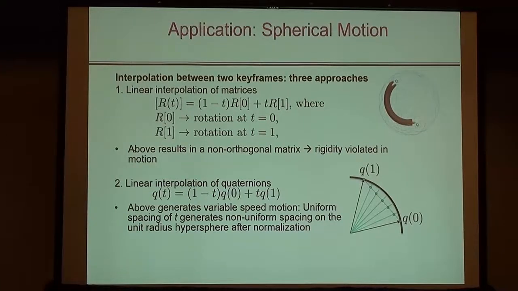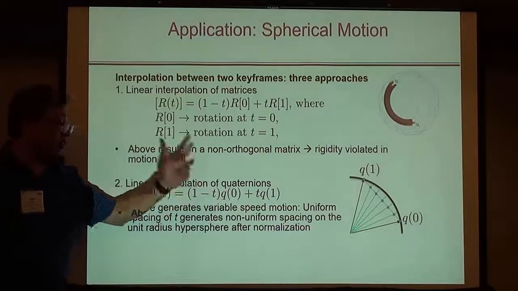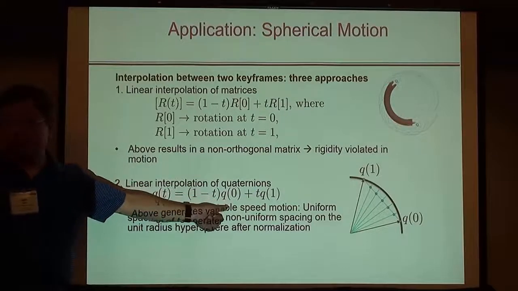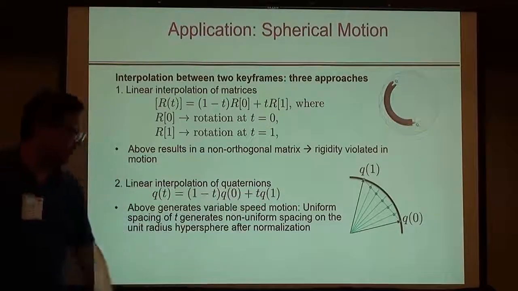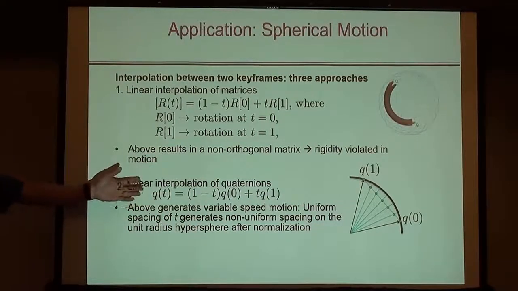So geometrically, it's not a good thing to do, and algebraically, it's very costly. Now, if you use quaternions, the first orientation is represented by one quaternion, the second is another one. You do linear interpolation. It still has 4 components.